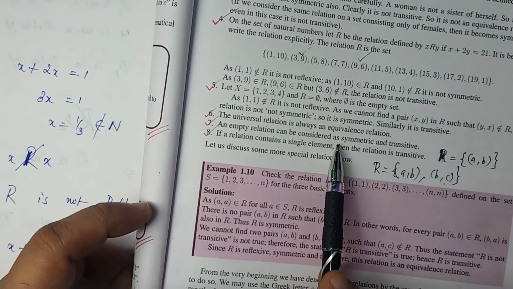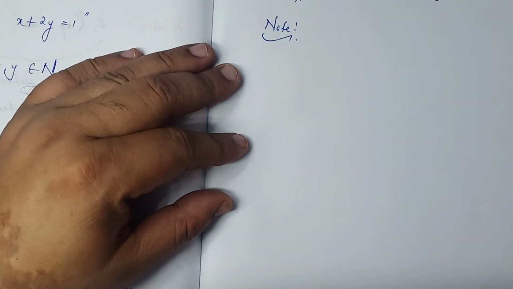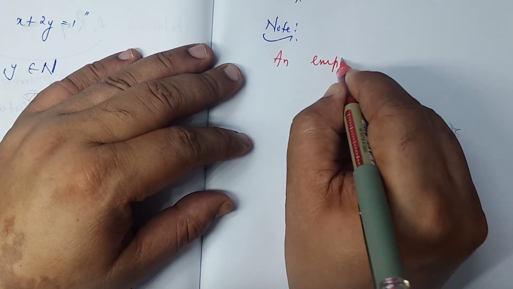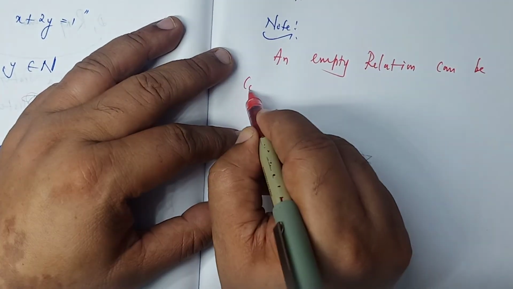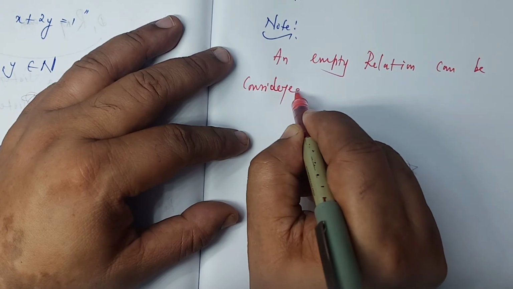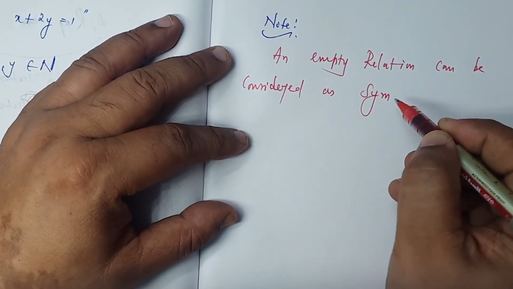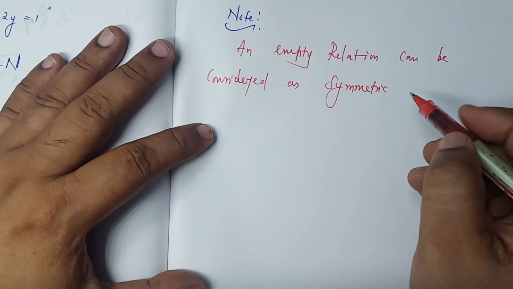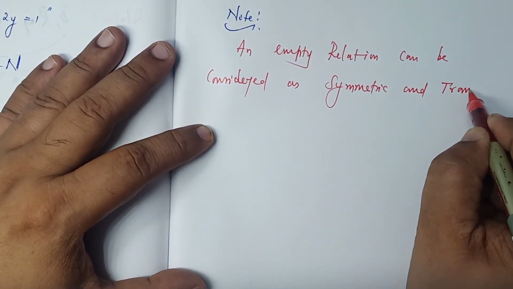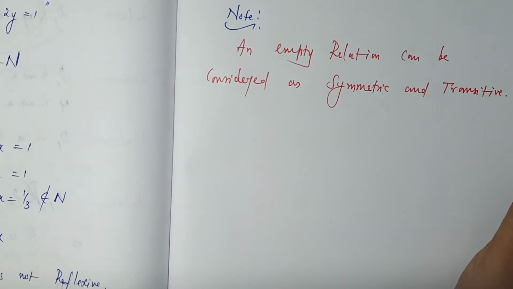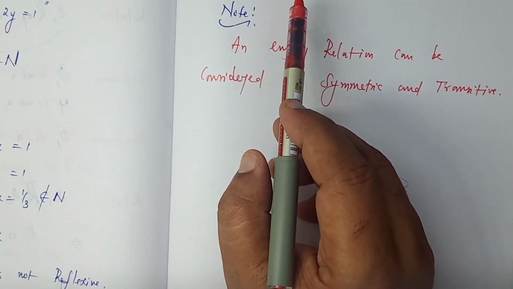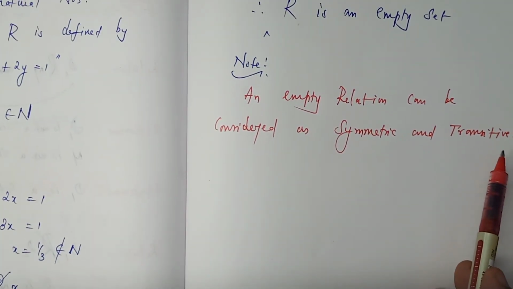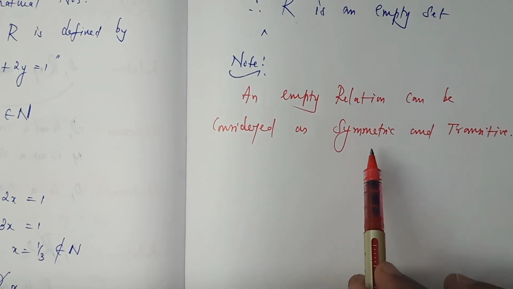Because there is no such element in R, for proving symmetric and transitive, no such element is in R, so we can say that it is symmetric and transitive.